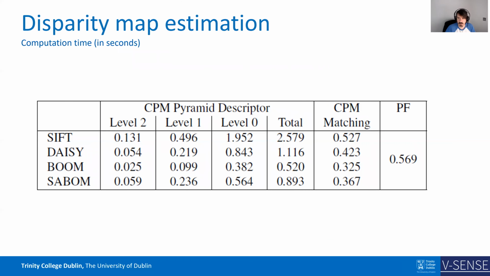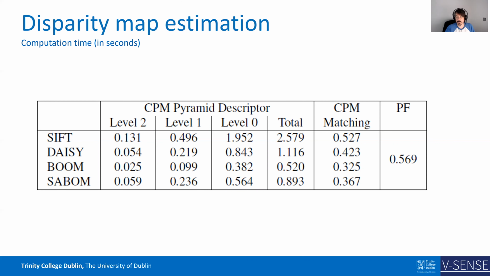So in terms of computational complexity, we have similar results as before, where SABOM is not as fast as the original Bloom descriptor, but faster than SIFT and DAISY. And so we can overall conclude that the proposed SABOM descriptor offers a good trade-off between speed and accuracy.